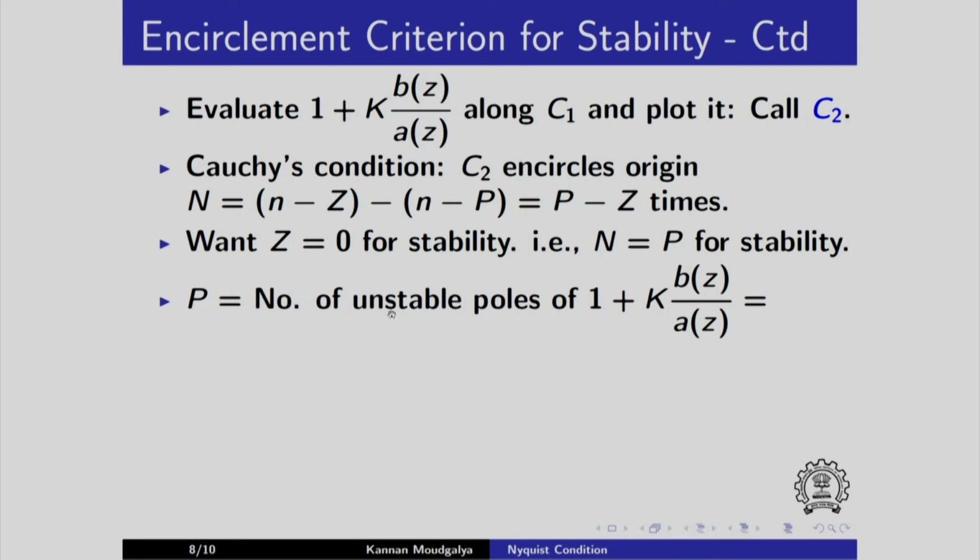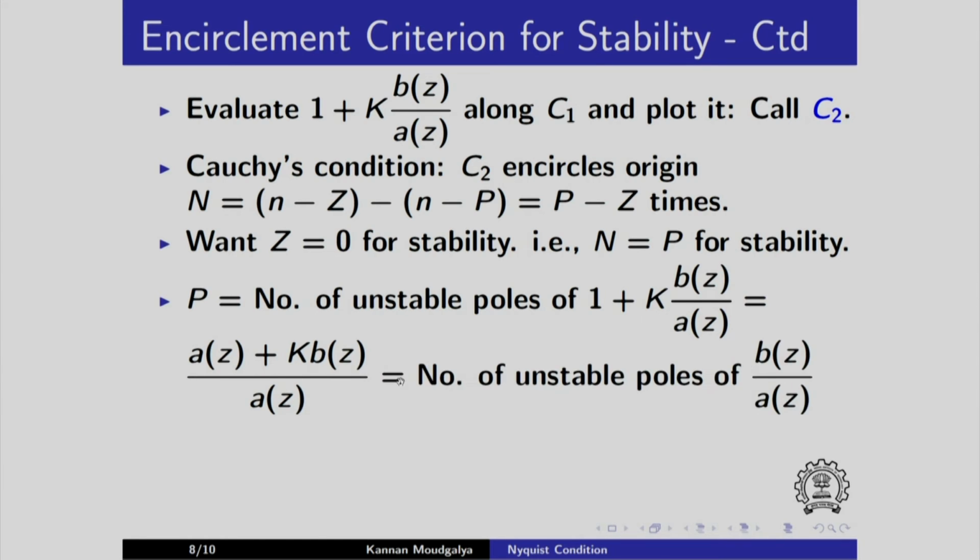P is the number of unstable poles of this factor, which is nothing but, I simplify this, so it is a plus kb by a, which is the same as the number of unstable poles of b by a, because these two factors have the same denominator and hence the poles of this factor are identical to the poles of this factor. So we conclude that p is the number of unstable poles of a of z.